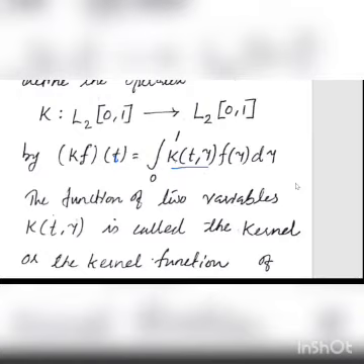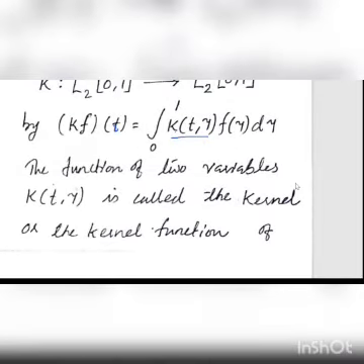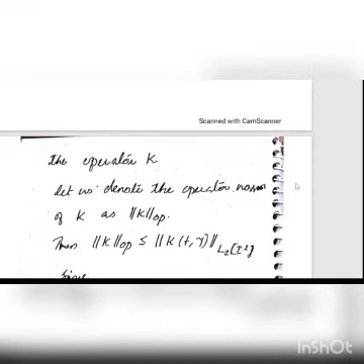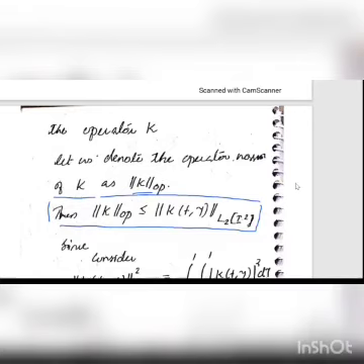Now the function of two variables k(t,tau) is called the kernel or the kernel function of the operator K. Now we want to prove that this is a linear operator. Let us denote the operator norm of K, so we want to prove that this norm is less than or equal to this. That means this is bounded, right? So we will prove this.